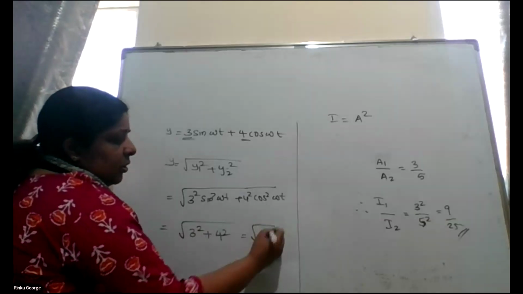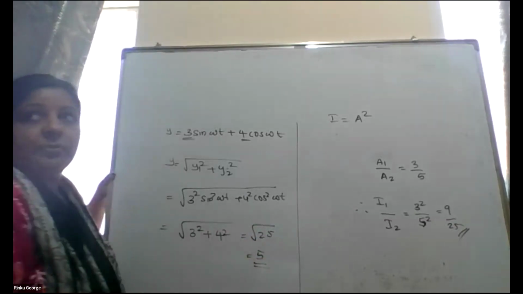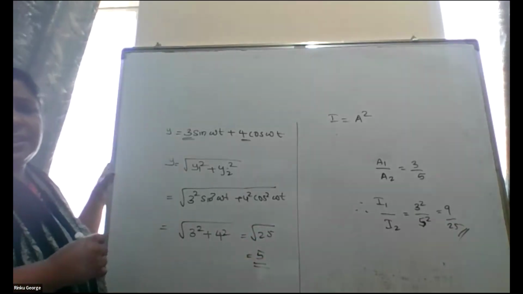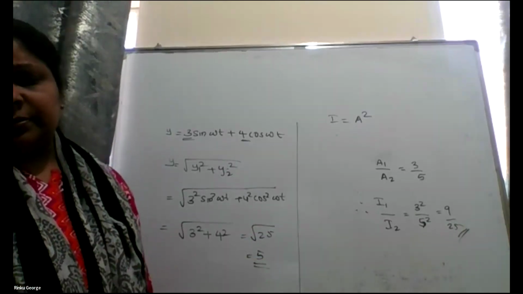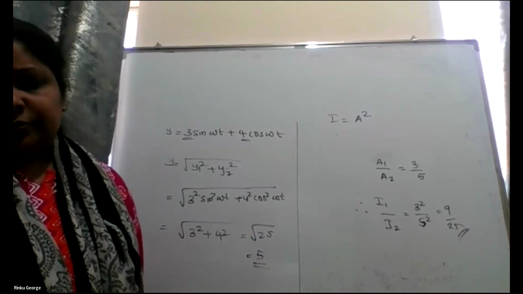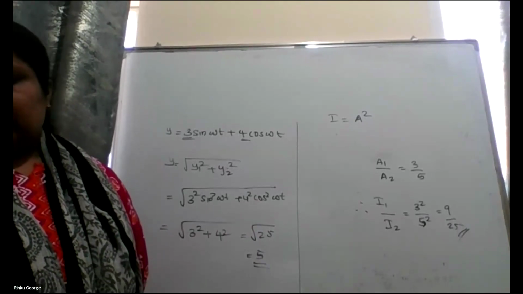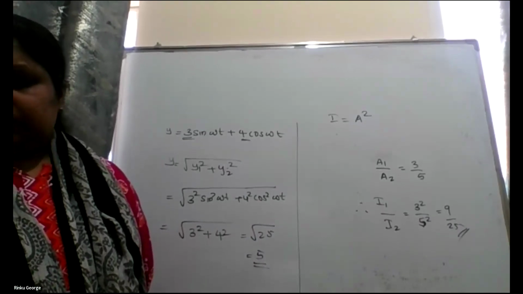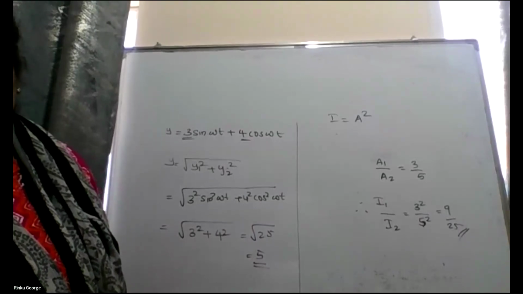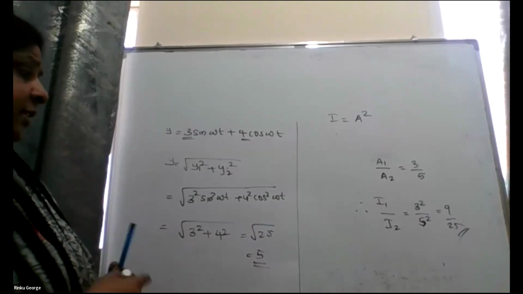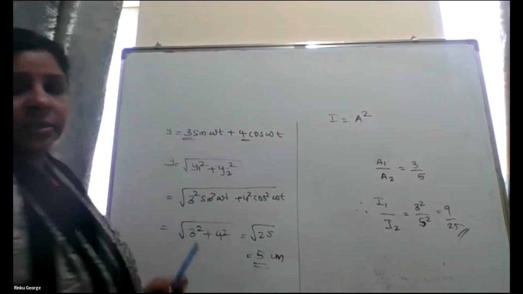So it will be root of 25, that is 5. Understood? These are exemplar questions, so they can ask. In the question, it was given in centimeter, so 5 centimeter.